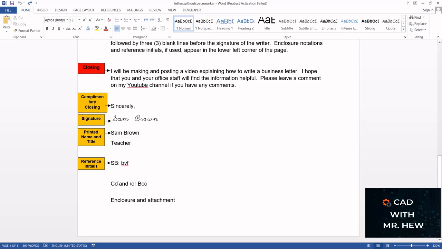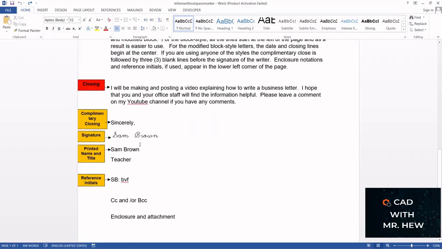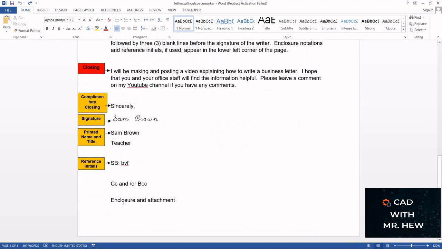Then we have CEC for carbon copy, meaning did you copy the letter to any other persons other than Mr. Thomas here? And did you write a blind copy and send it to somebody else who you don't want Mr. Brown to know that you had actually copied it to somebody else?